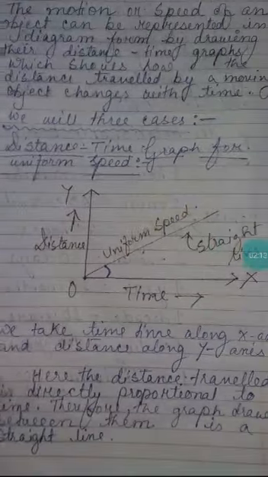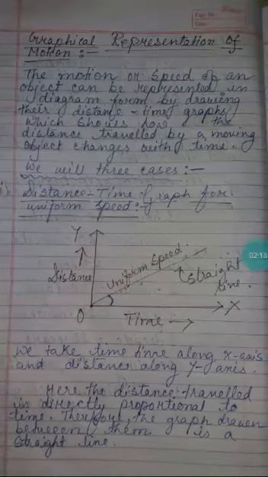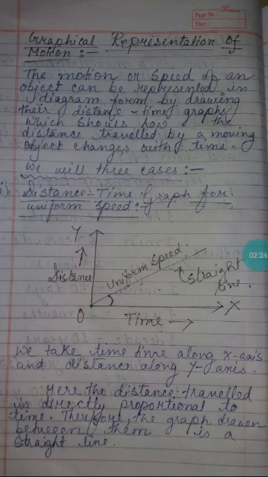Here the distance travelled is directly proportional to time. Therefore the graph drawn between them is a straight line. So distance traveled is directly proportional to time, so the graph is what? A straight line. So the distance time graph for uniform speed is a straight line, right?